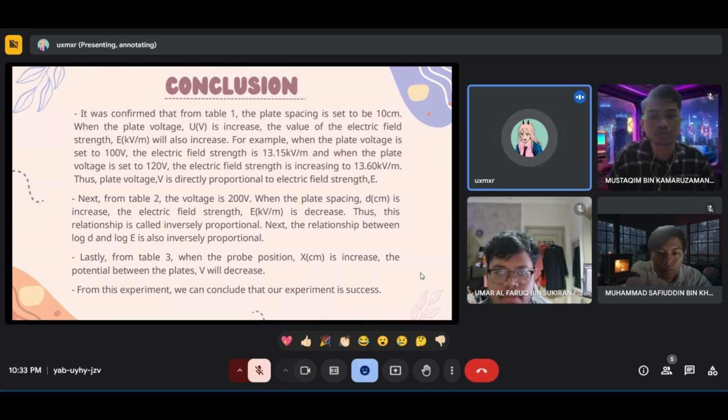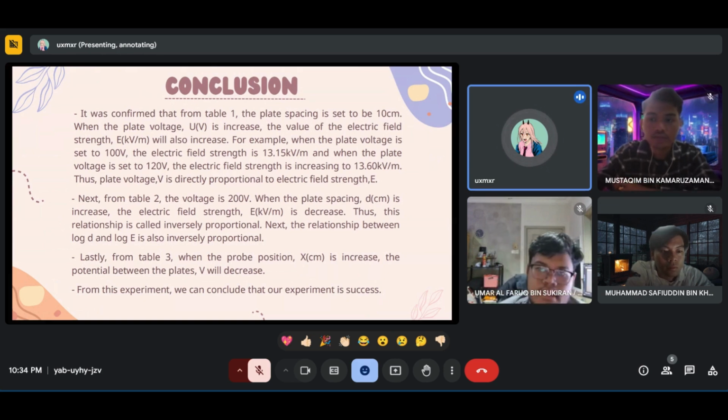For example, when the plate voltage is set to 100 volt, the electric field strength is 13.15 kilovolt per meter. And when the plate voltage is set to 120 volt, the electric field strength is increased to 13.6 kilovolt per meter. Thus, the plate voltage is directly proportional to electric field strength E.